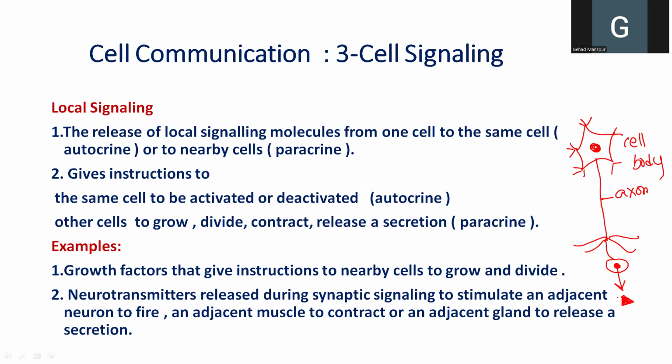Neuro because they are secreted by a neuron, and transmitters because they transmit the effect from one neuron to another. So these neurotransmitters may stimulate another adjacent neuron, or they might even stimulate a nearby muscle, or they might even stimulate a gland.